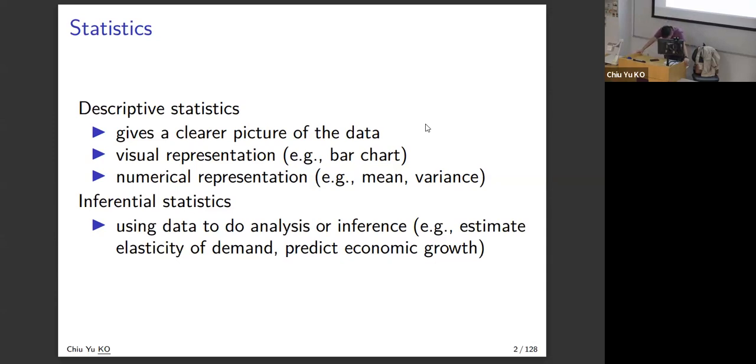Descriptive means you have data and you try to summarize what you have from the data. You're not extracting new information there. It's not getting you any new knowledge except from discovering from the data.